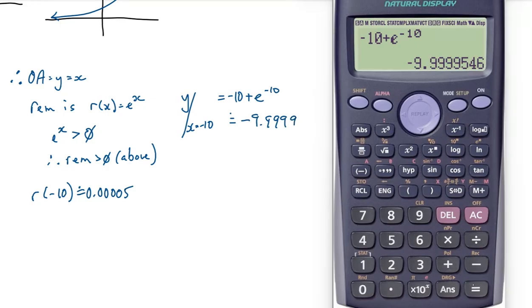And then r at negative 10. I want y equals x, your oblique asymptote at x equals negative 10.